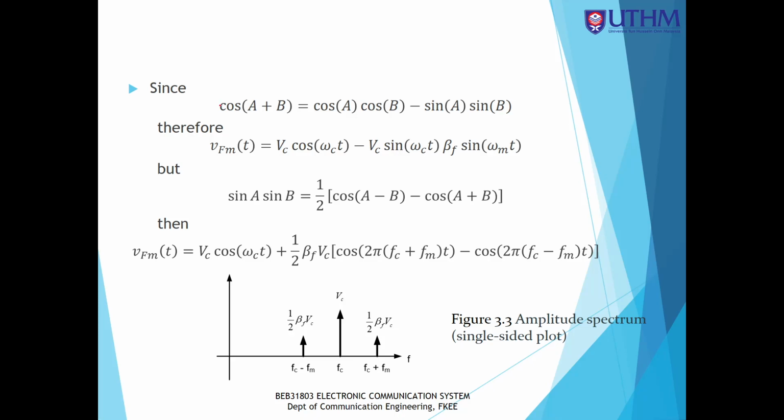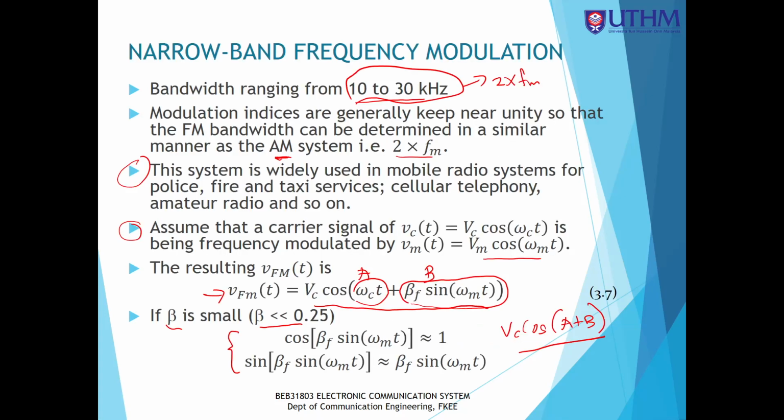According to trigonometric identity, cos(A plus B) is equal to cos A cos B minus sin A sin B. So we can put it inside the equation. Cos A is Vc cos omega_c t. Cos B, what is cos B? Cos B is this one.